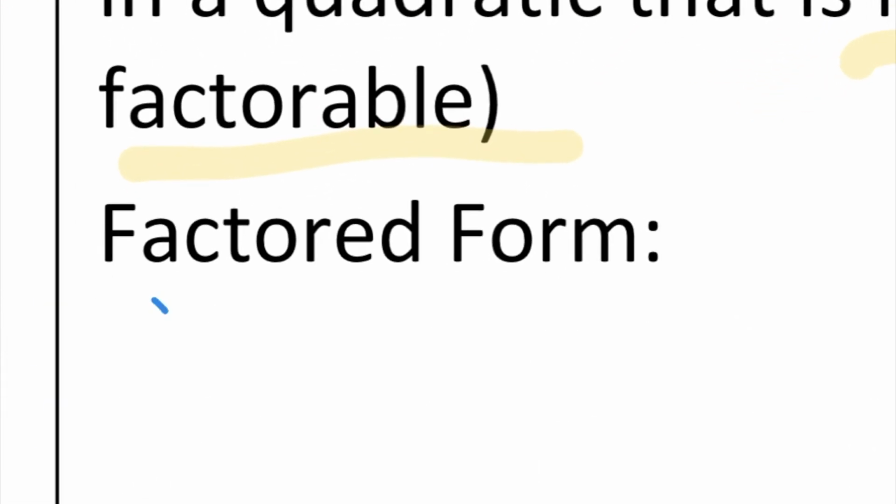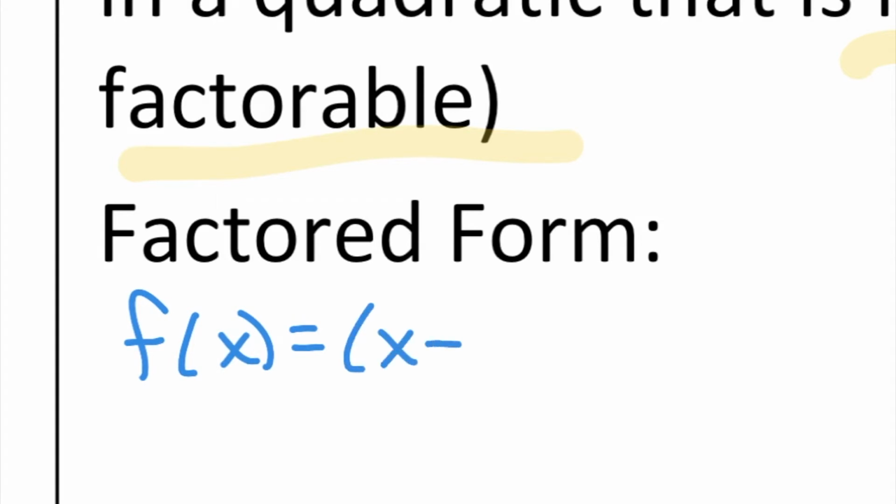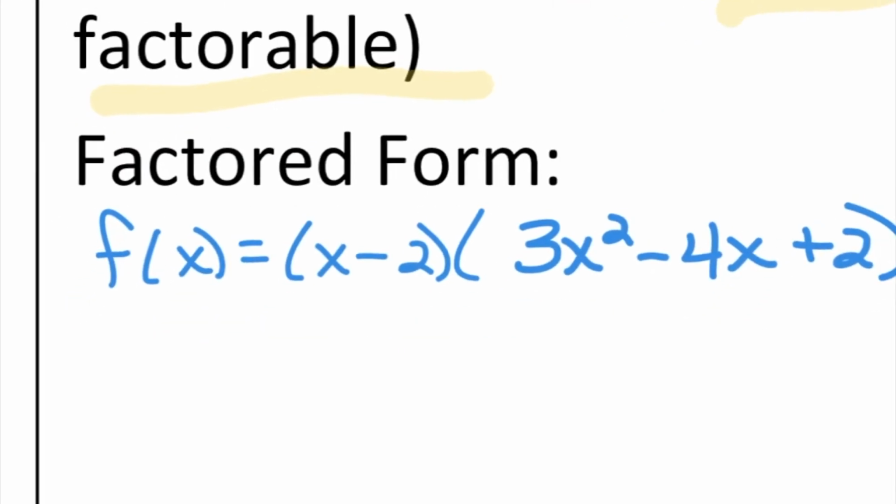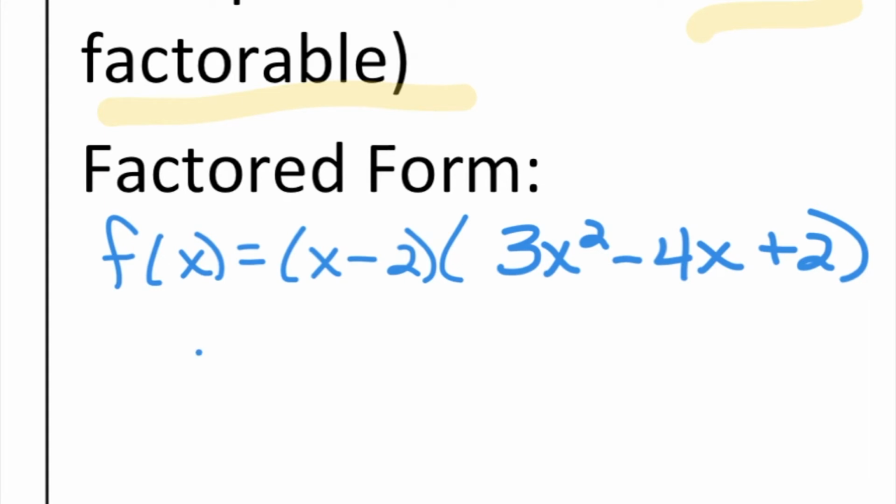So coming back up here, then factored form, f(x) = what you divided by, (x - 2), and then your quadratic form, (3x² - 4x + 2). And that means that your only x-intercept is positive 2, and I'm not going to ask you to find the negative solutions for the quadratic because I'm asking you to graph this.